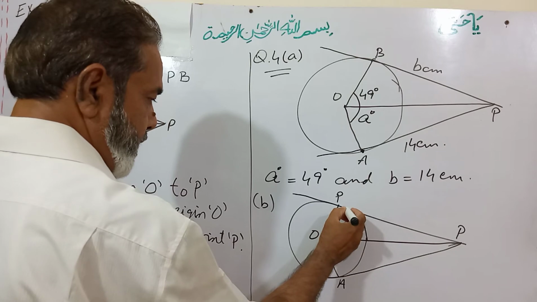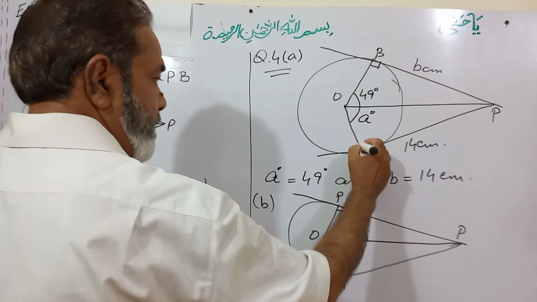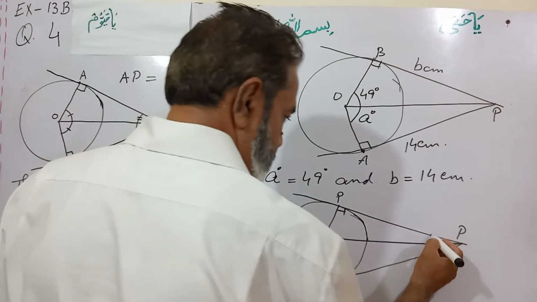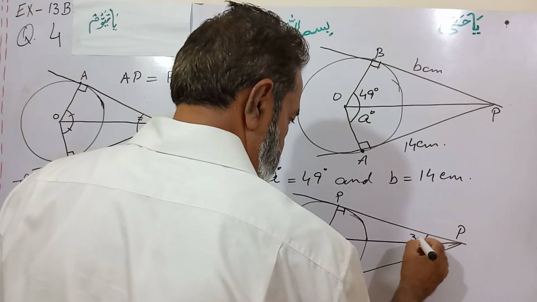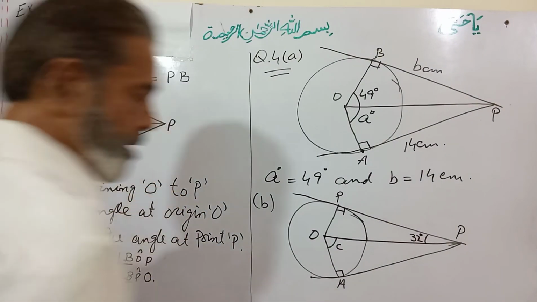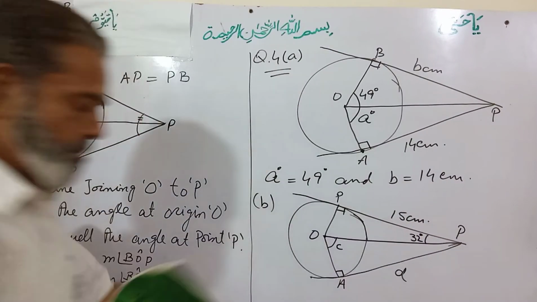Everyone knows this is a right angle as well, this is a right angle, this is a right angle and this is also a right angle. In this he has given this angle 32 degrees and d is required. This much is 15 centimeters.